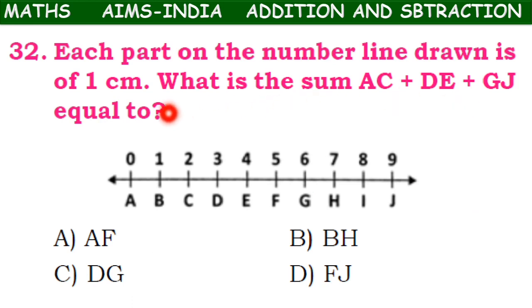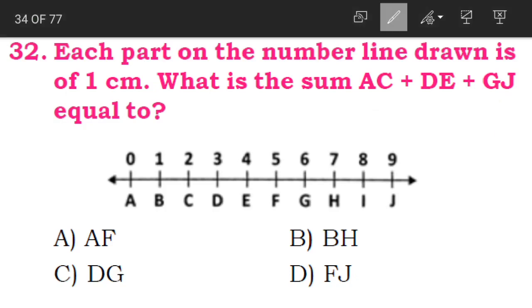Moving on to question number 32. Each part of the number line is drawn of 1 centimeter. What is the sum AC plus DE plus GJ equal to? AC, DE and GJ. What are they saying? Each part is equal to 1 centimeter.